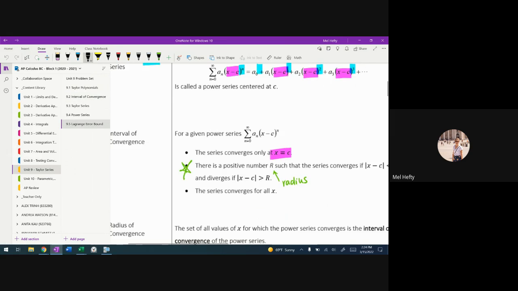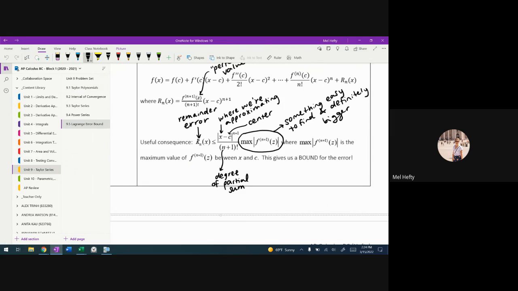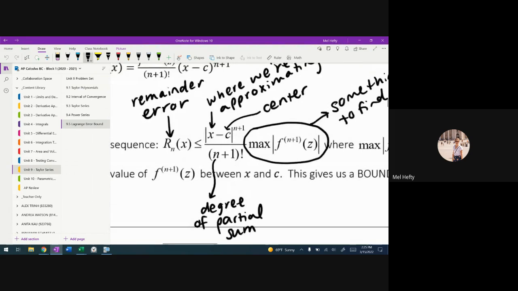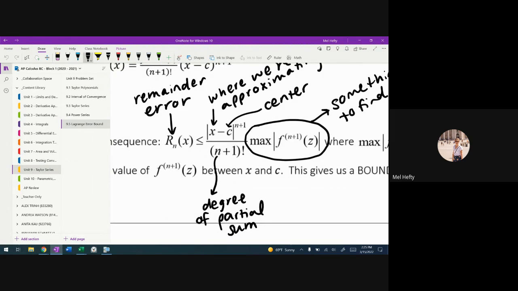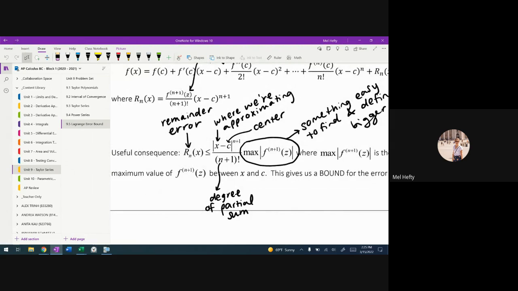And then the last thing we do, and this is probably the weirdest thing we do all year, is called Lagrange error bound. Lagrange is a French mathematician, but this gives me a bound for how far off I could possibly be by stopping my approximation somewhere. Now you'll notice this section in my notes used to be called, what the heck do all of those letters mean? Because there's a lot happening here. So we'll break it down. It'll be fun, but that's kind of the preview.